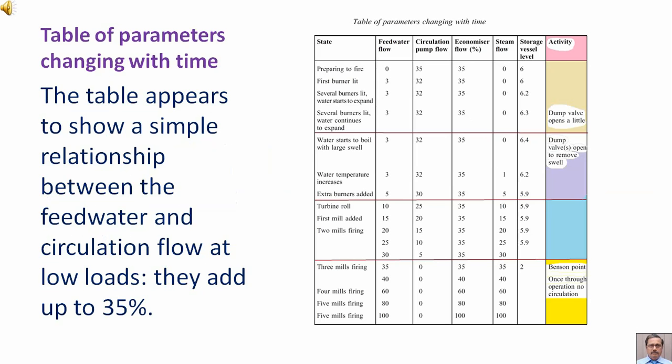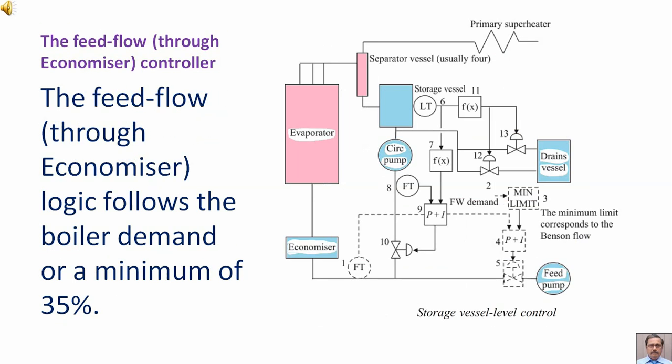This table appears to show a simple relationship between the feed water and circulation flow at low loads. They add up to 35%. The feed flow through economizer logic follows the boiler demand or a minimum of 35%.